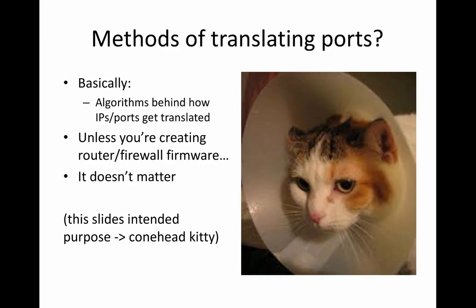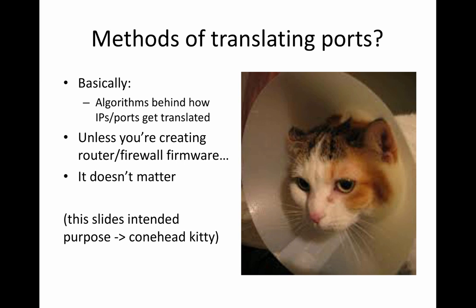Even the stuff that, when you look at the real technical documentation, not that anyone goes and reads RFCs for fun, all of the stuff we've talked about is basically, no one in the world ever uses the real terminology for NAT, which is based on cones, hence the conehead kitty.